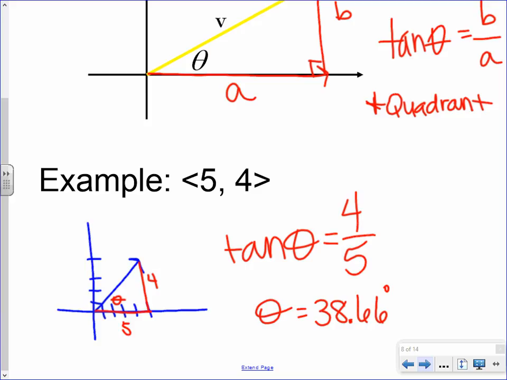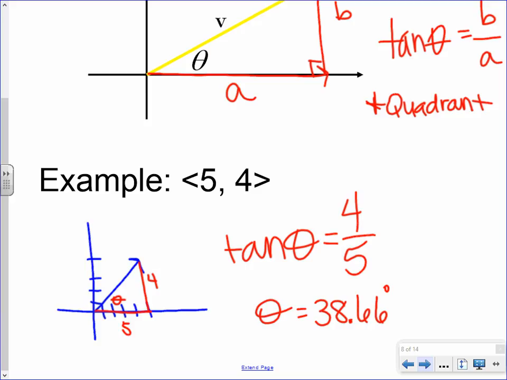Does 38.66 degrees make sense for our vector? It does, because it's in the first quadrant, right? Does anyone feel like this is really familiar? I mean, we're doing all the stuff we did in chapter 4, just with vectors, right?